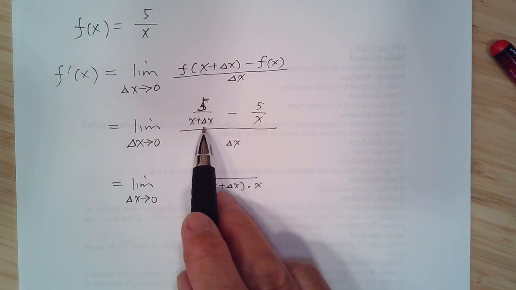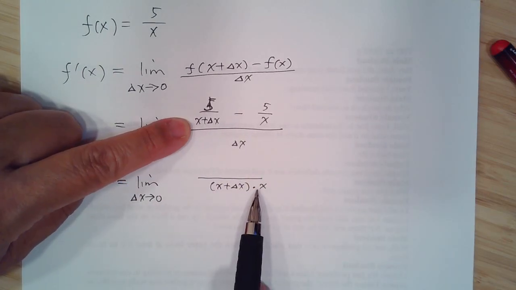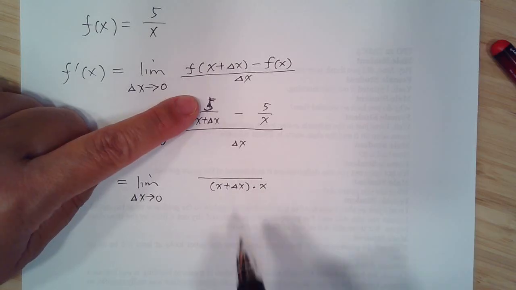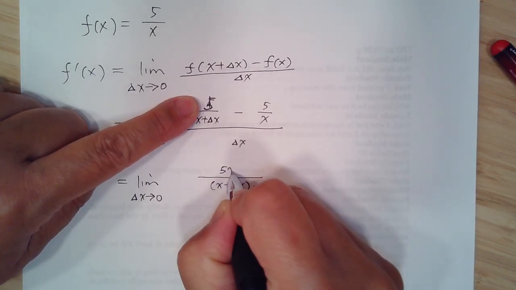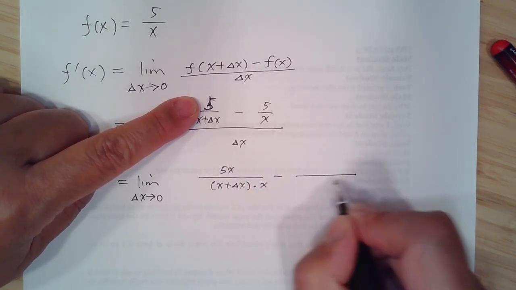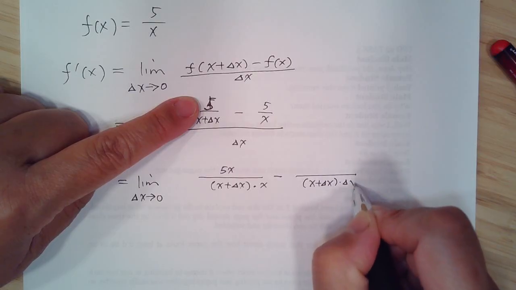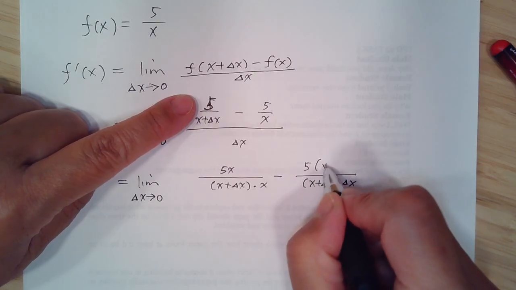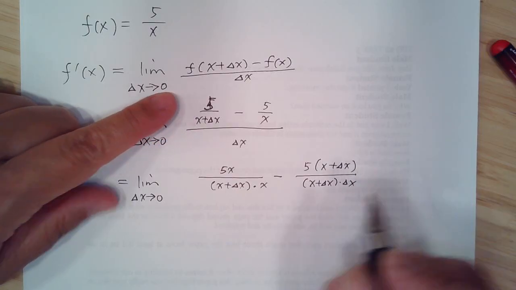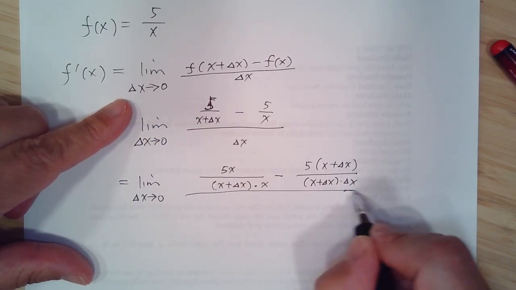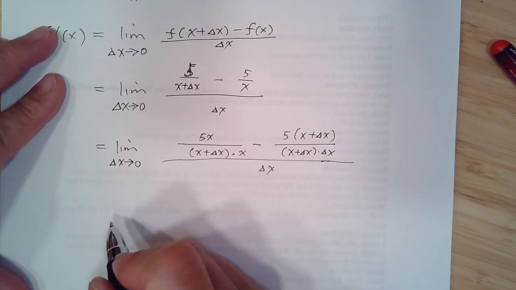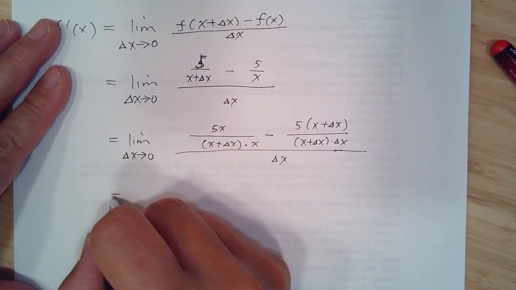So for the numerator, when this becomes this, you multiply by x, so you should multiply by 5x here. And you're going to minus the same denominator, x plus delta x times x. Here's going to be 5 times x plus delta x. That's how it worked. Divided by delta x. So don't be scared, okay? We can find it. Don't worry.